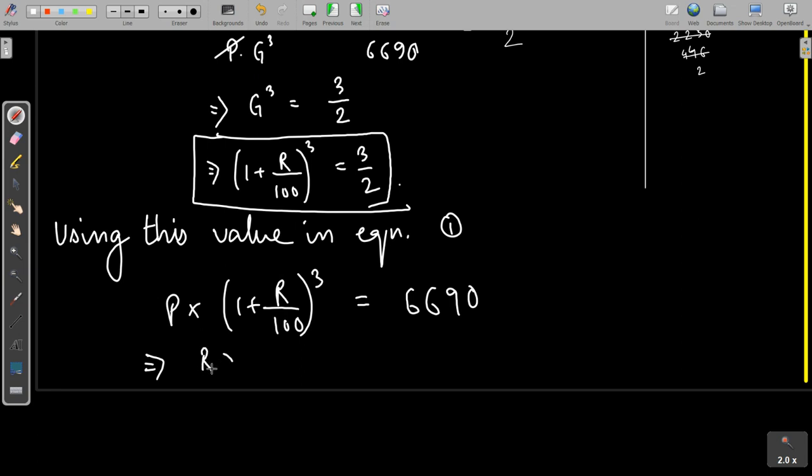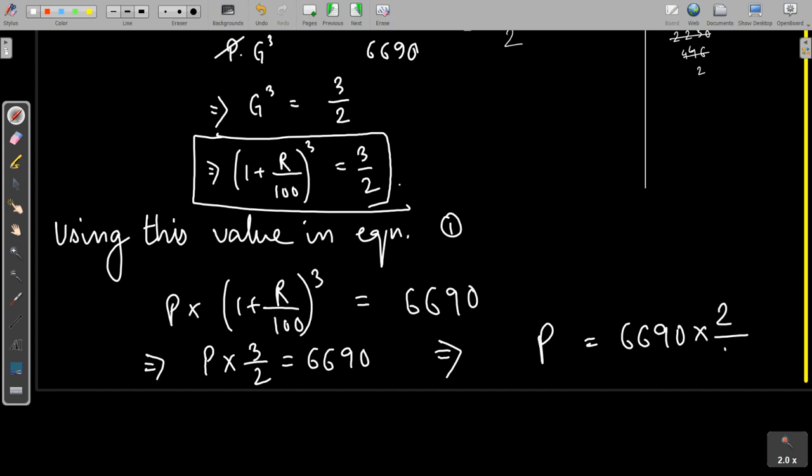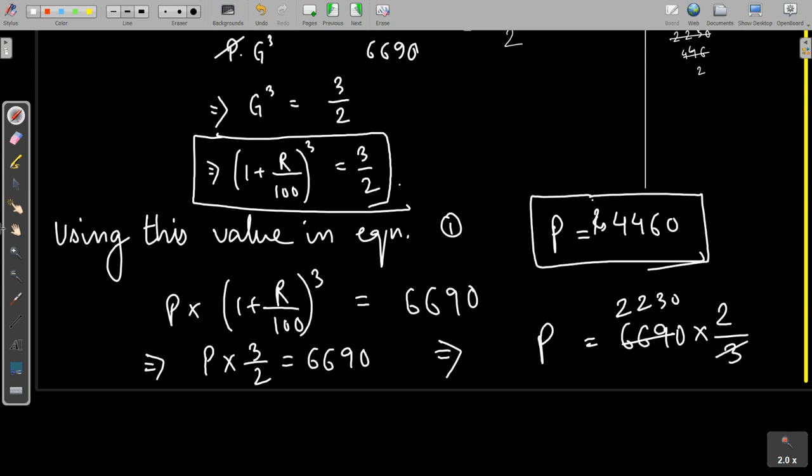So p multiplied by 3 by 2 is equal to 6690, and hence p is equal to 6690 multiplied by 2 by 3, 2230, and this would give me that p is equal to 4460 rupees, right? So this is what we have recalculated.